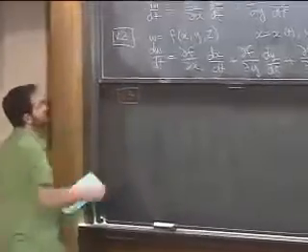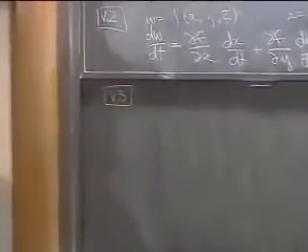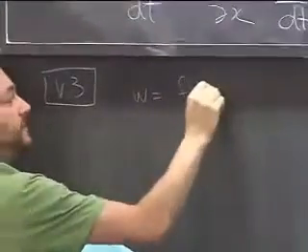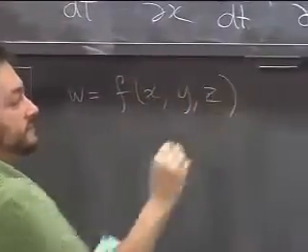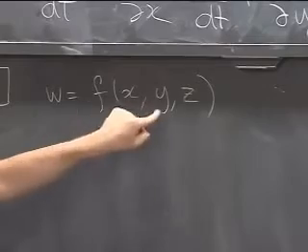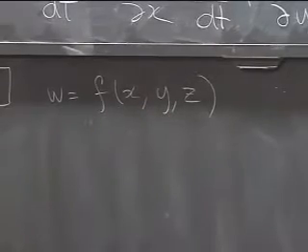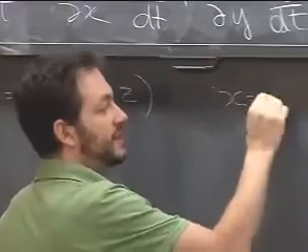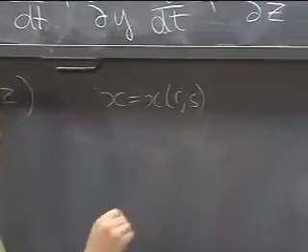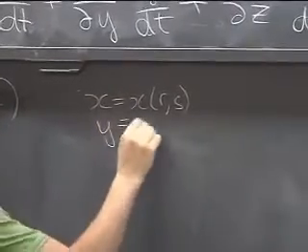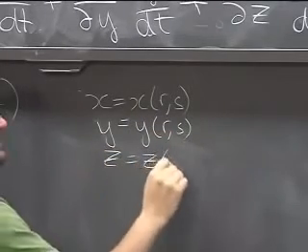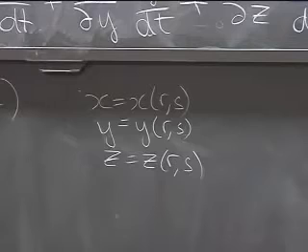Slightly more exotic is where you have, say, w is a function of three variables as before, but each of these variables now depends on two other parameters. So say x is a function of r and s, and y is a function of r and s, and z also is a function of r and s.